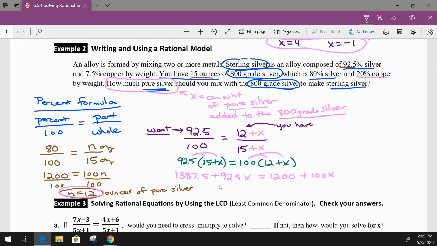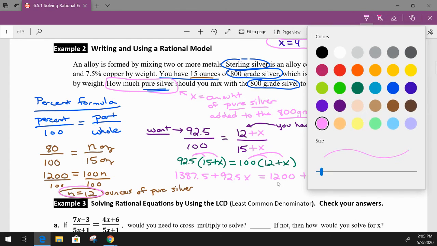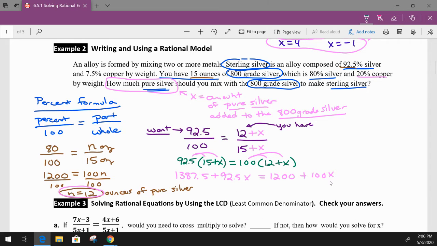All right, so now it is a linear equation. We don't have any x squareds. So we're going to get the x's on one side, constant on the other. So I would subtract 92.5x from both sides. And then I would subtract the 1,200 from both sides, and that would go away.